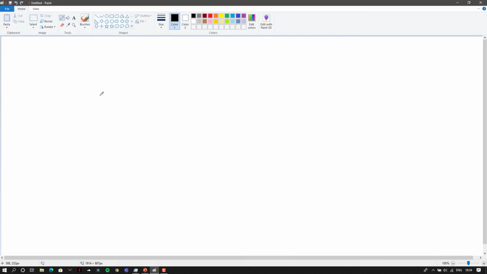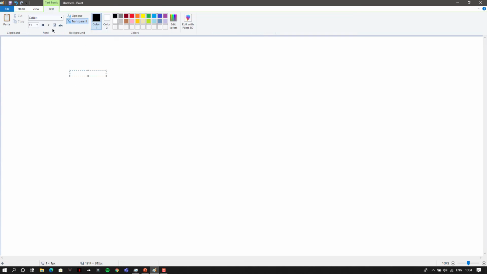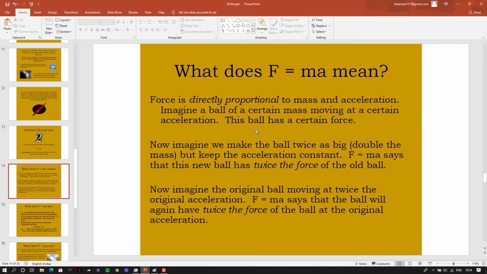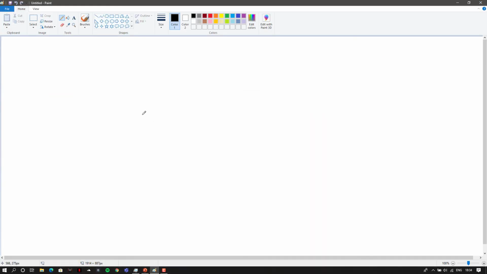Okay, so we are saying that force is directly proportional to mass and acceleration. What does that mean? If we change the mass of an object, so just imagine this is a ball. It falls from some height like this.